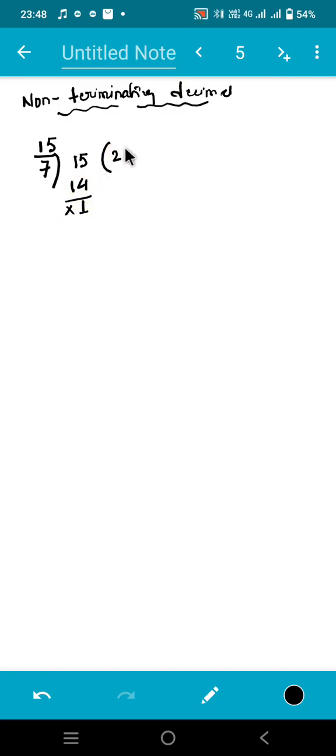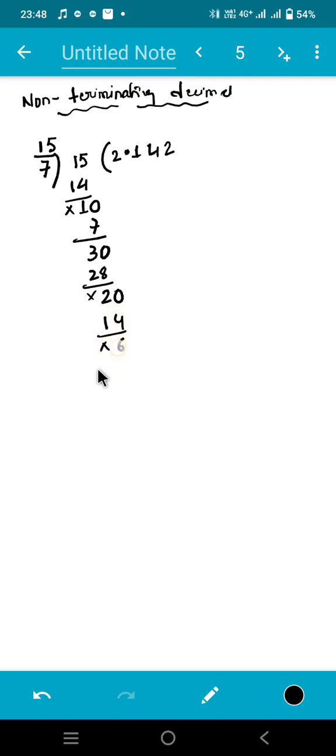You'll get 1. Now we'll take a decimal here, we'll put 0, 1 here, so 7 1s are 7. Now you see 3. Again for this decimal we can take 0 here, 7 4s are 28, isn't it? 28. Now this time we'll get 2. Again for this decimal we put 0, 7 2s are 14, because 7 3s are 21, 7 2s are 40. Now we'll get 6.